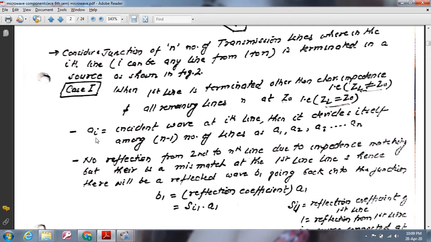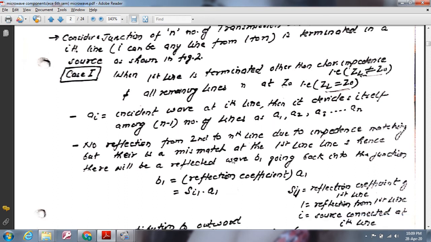Here Ai is the incident wave at the ith line, then it divides itself among the n lines as A1, A2, A3 up to An. There is no reflection from the second to nth line due to impedance matching, but there is a mismatch at the first line, so there will be a reflected wave B1 going back into the junction.